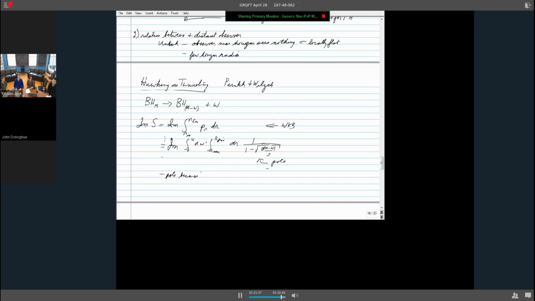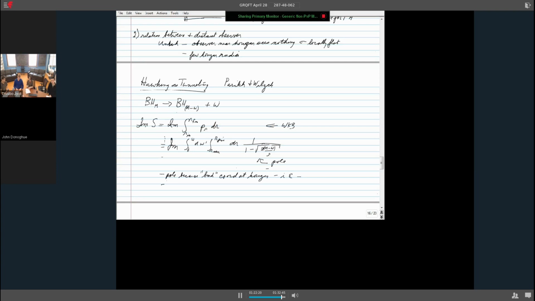But they start off with the imaginary part of the action being the imaginary part of the integral from r initial to r final of p dr. So this is WKB-like. They choose some coordinates which are not good coordinates, and convert this. There's a bunch of stuff here, but it's not deep.